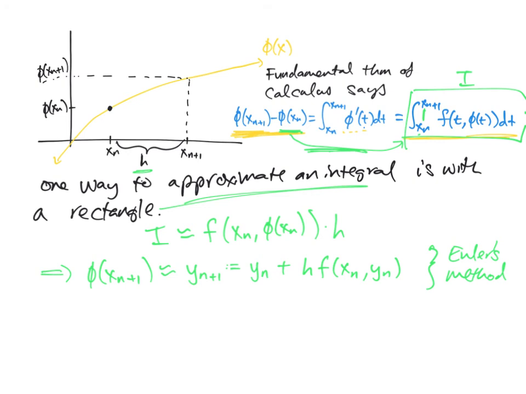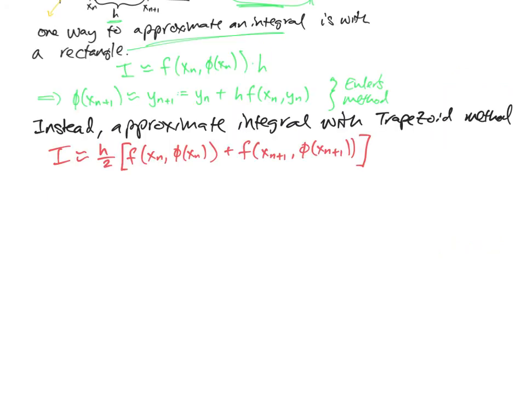So our integral I is approximately equal to this formula here, which is the average of the rectangle using the left-hand point and the rectangle using the right-hand point. Because remember, back in calculus, you would use the left-hand rule or the right-hand rule, and sometimes one would be better, and sometimes the other would be better. And so the trapezoid rule splits the difference and takes the average.